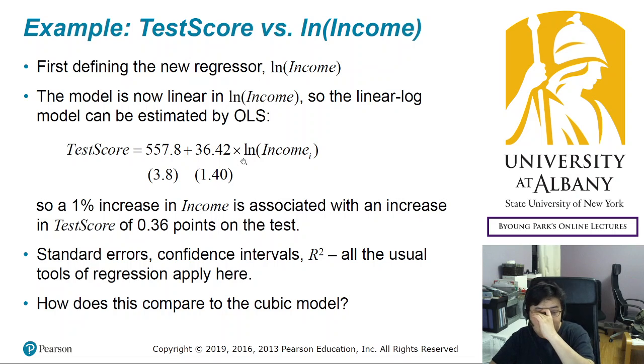Additional thing here. The intercept is, remember, the expected value of test score when this part is 0. This part equals 0 when income equals 1, not 0. So when income equals $1 or $1,000, exactly the test score will be predicted as 557.